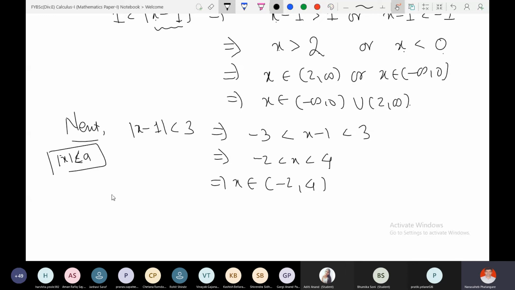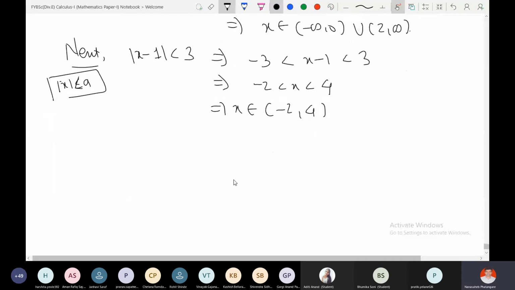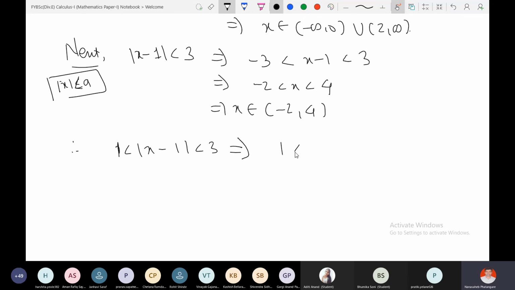So what is the conclusion? Therefore, 1 less than absolute value of x minus 1 less than 3 implies 1 less than absolute value of x minus 1 and absolute value of x minus 1 is less than 3.